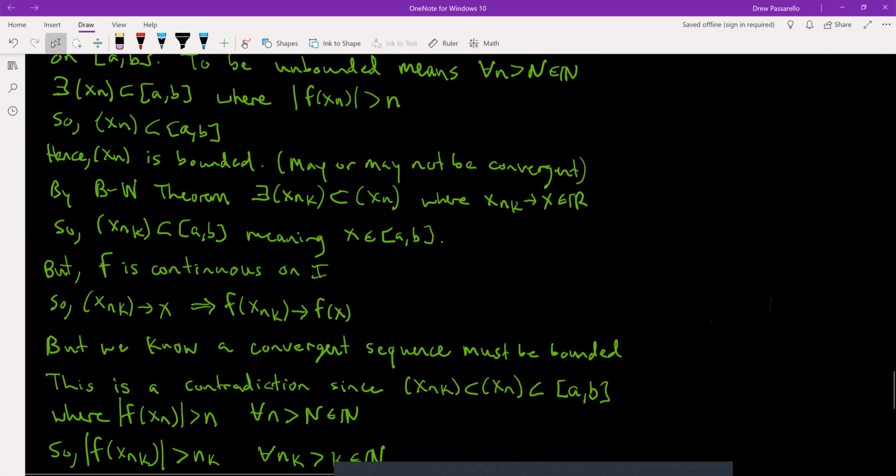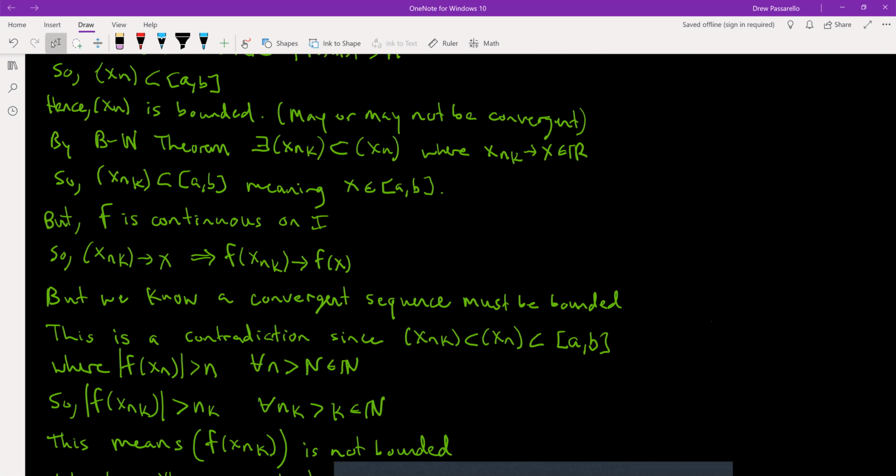This is a contradiction because this subsequence x_{n_k} is a subsequence of x_n, which is some sequence in [a, b] where the absolute value of f(x_n) is greater than n for all n bigger than N. So the absolute value of f(x_{n_k}) is going to be greater than n_k for all n_k bigger than N. That means the sequence f(x_{n_k}) is not bounded.